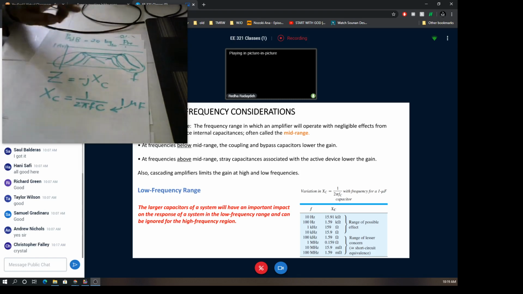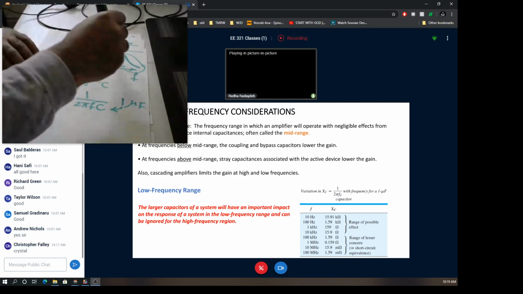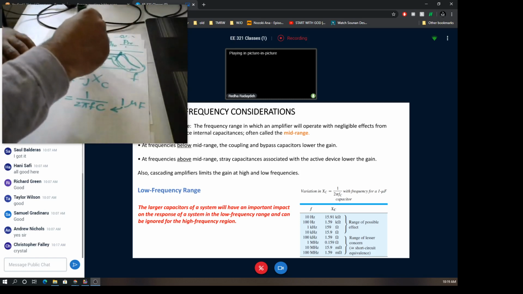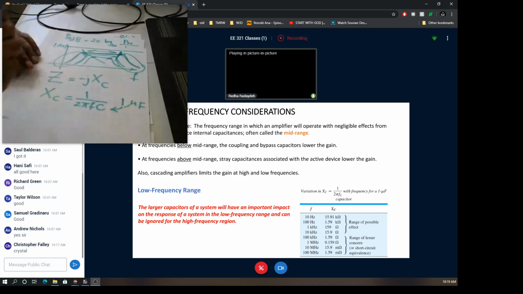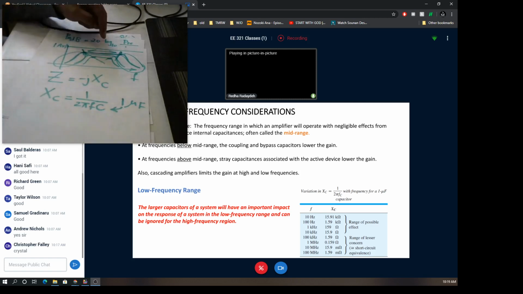This is practically impossible. We have the mid band here, and we have figures, so we'll explain that on figures later on, I think in the next couple of slides. So this is the mid band at which the gain is maximum.